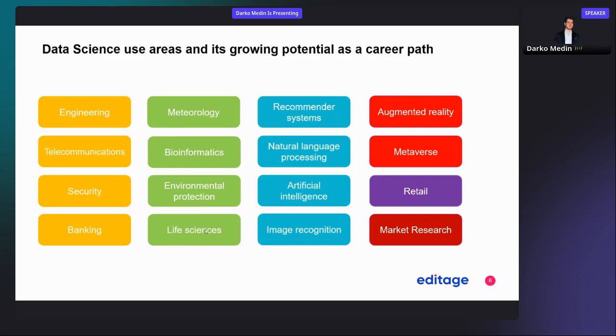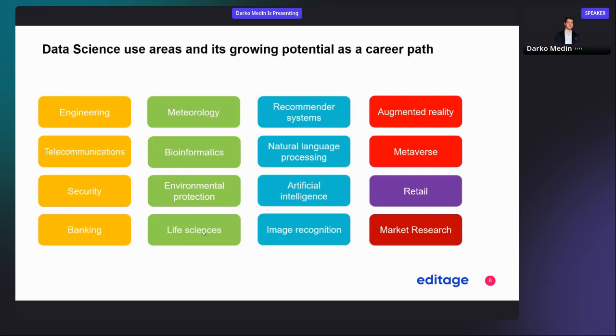So, if you take all these aspects into consideration, one conclusion is very clear. Data science is used in most industries today, from research to banking and social media and economy, right? So there's a very diverse set of uses for data science.